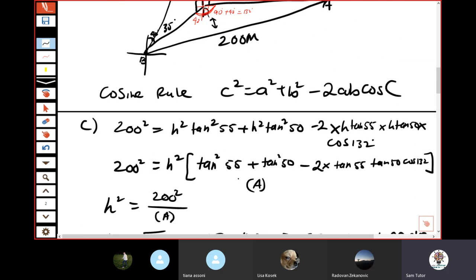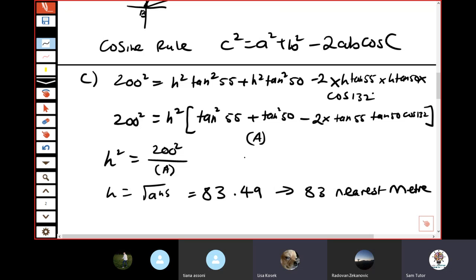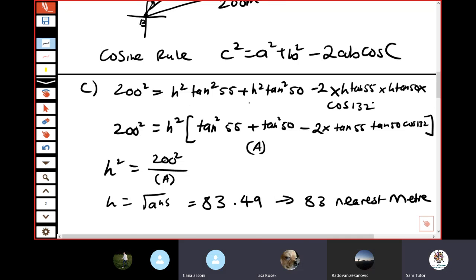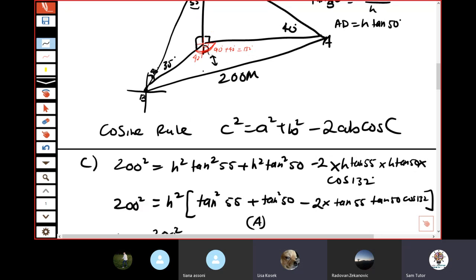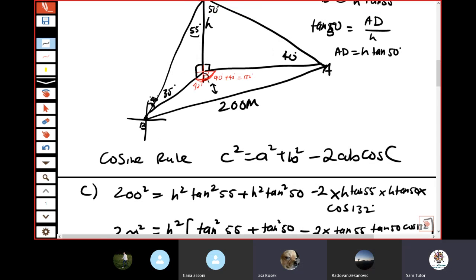Does that all make sense? Yeah, that makes sense. Eventually you're going to realize when it would be a cosine rule compared to a Pythag question. Pretty much, if there's bearings, it's always going to be a cosine rule question, because then it won't be a right angle anymore.